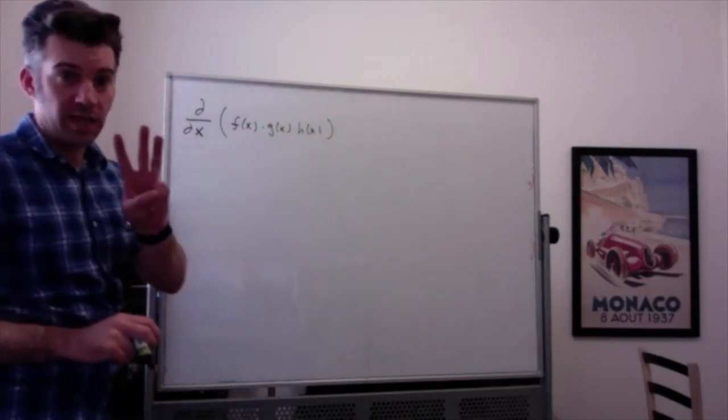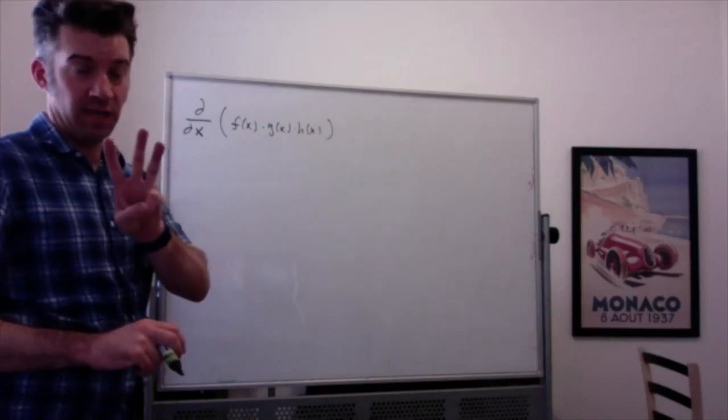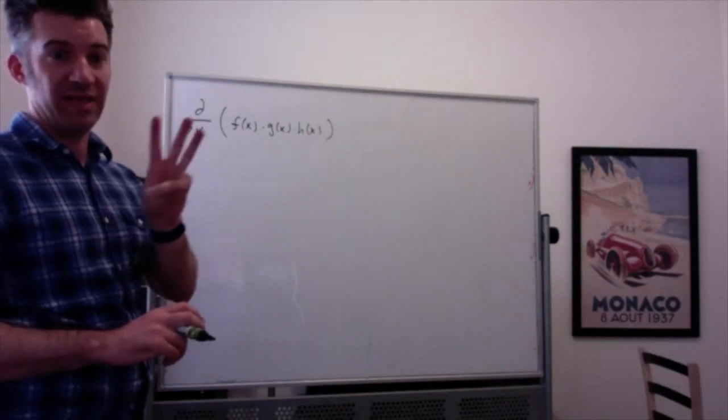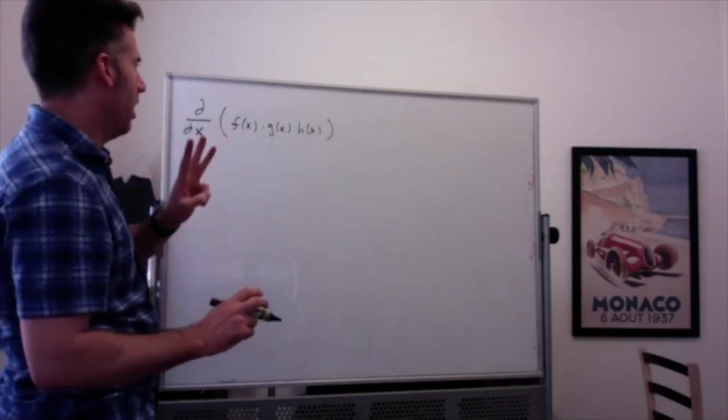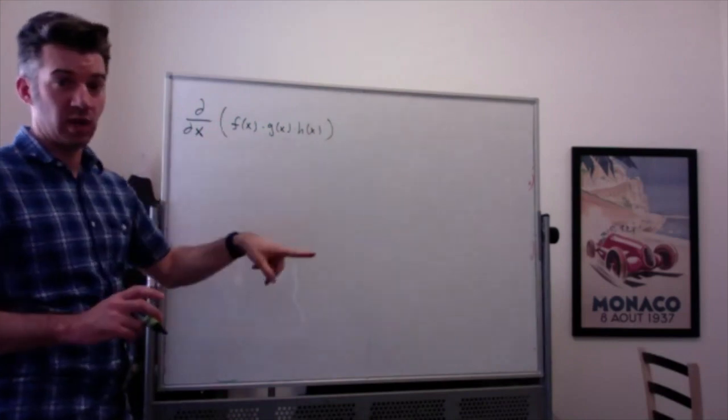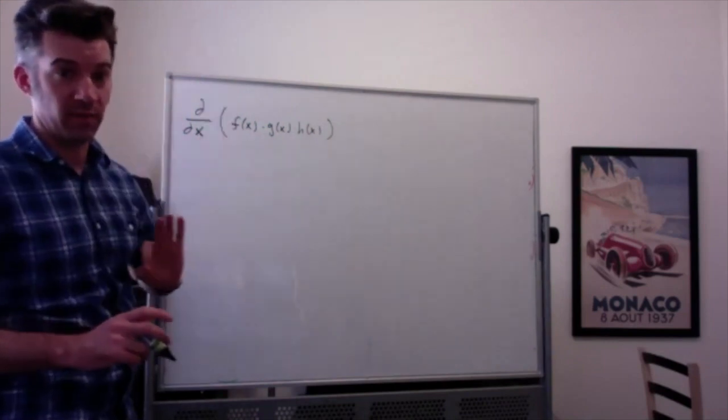you're going to get three pieces added together. Each of those pieces, or summands (when you sum things, each of the things added is a summand), is one derivative times the other two non-derivatives. And you have to get each derivative showing up in one spot.